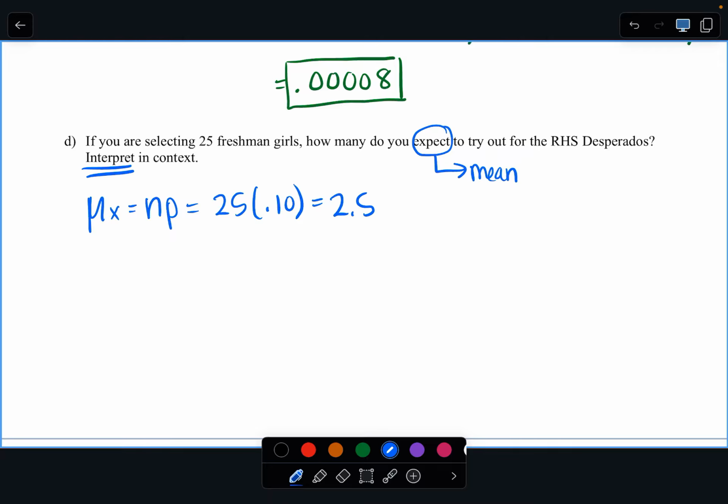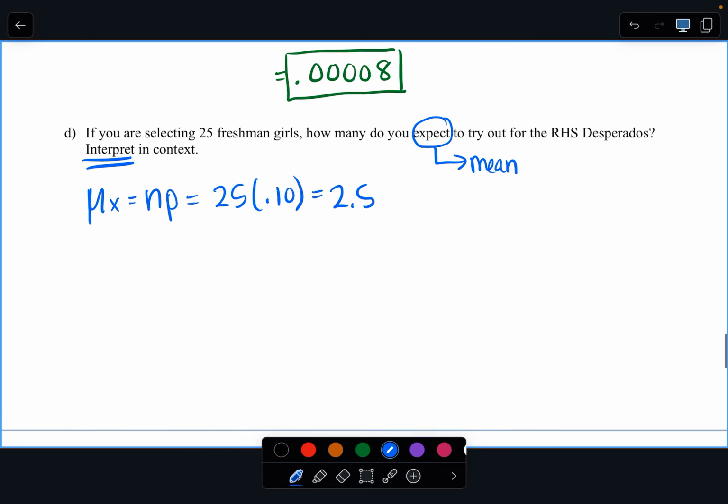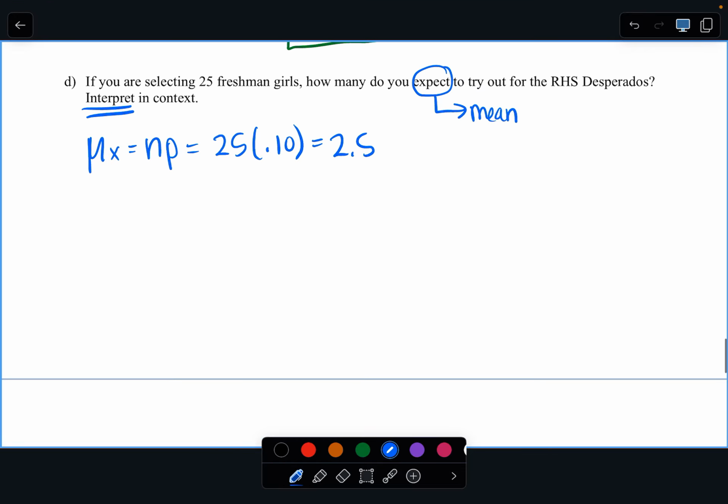Now, the only time we would round these to whole numbers is if they asked us to. Keep it as a decimal. I know it seems silly that there's 2.5 of a girl, but we're going to keep it at 2.5.